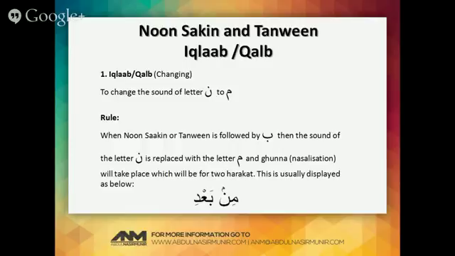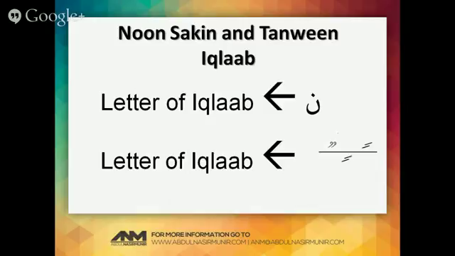Now let's have a look at how we can apply this in different places in the Quran. This slide summarizes that if a noon sakin comes, then you look at the letter afterwards. As we know, we read Arabic from right to left, hence the arrow is pointing towards the left.